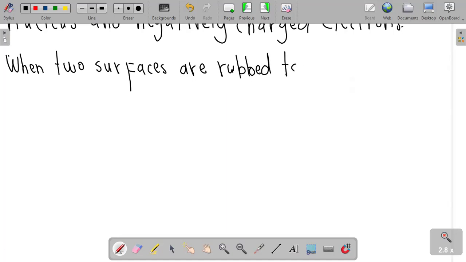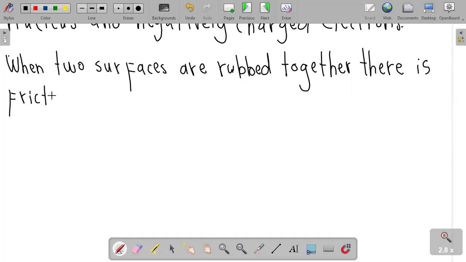When two surfaces are rubbed together, there is friction between them.